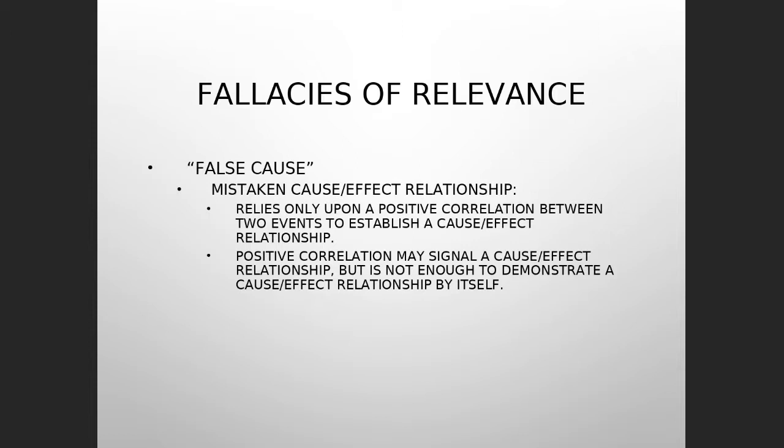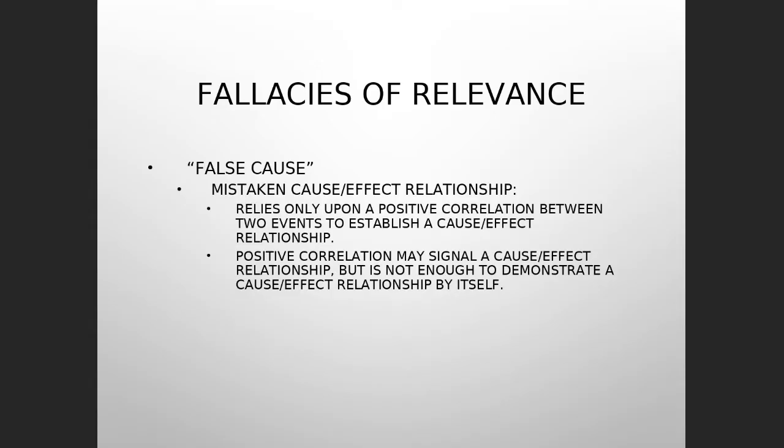False cause is just a mistaken cause-effect relationship. It relies only upon a positive correlation between two events to establish a cause and effect relationship. A positive correlation means when this thing happens, this other thing also happens. And depending on the frequency, there's a number associated with it. So a positive correlation of 1 means every time this happens, this other thing happens.